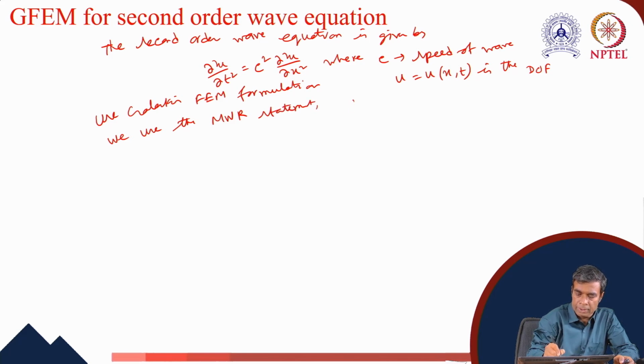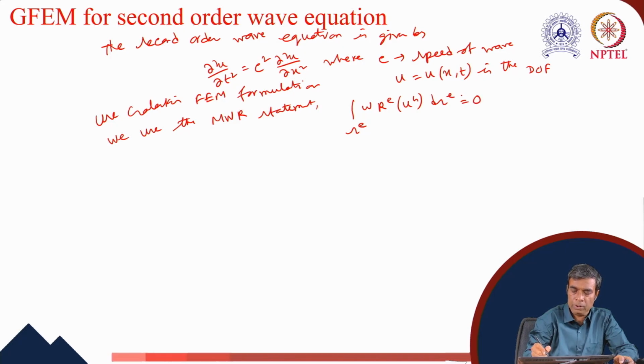It gives us integration over Ωe of w Re dΩe equals 0. So this problem we are dealing with in one dimension. We consider the 1D case.